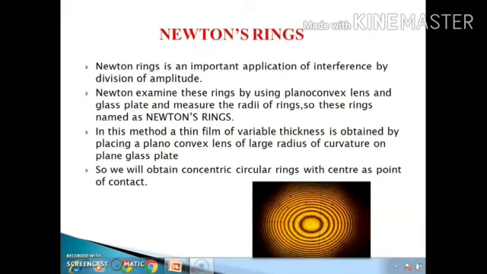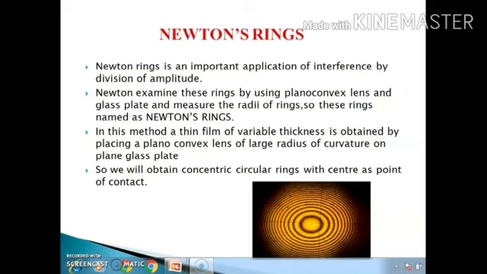So as I have already told you, Newton rings is an important application of interference by division of amplitude. Newton was the first scientist who examined these rings by using a plano-convex lens and a glass plate, and he measured the radii of the rings. That is why these rings are named Newton's rings.